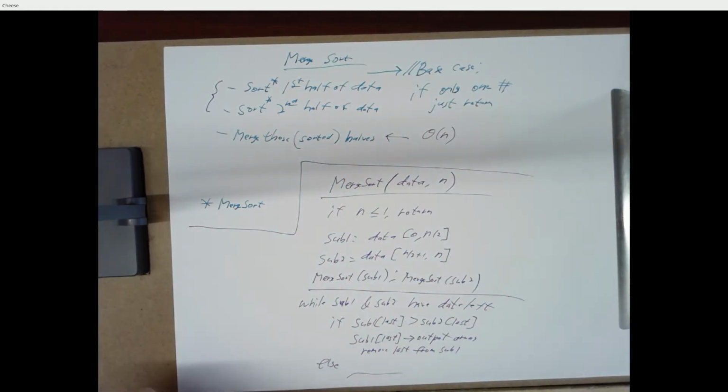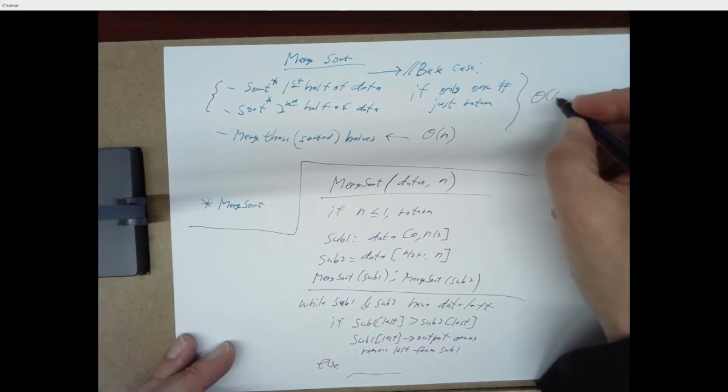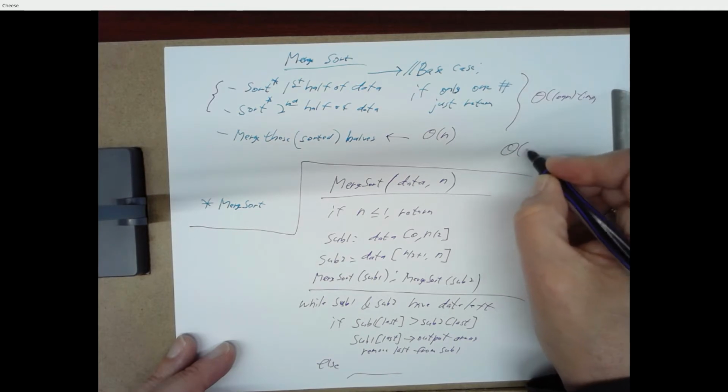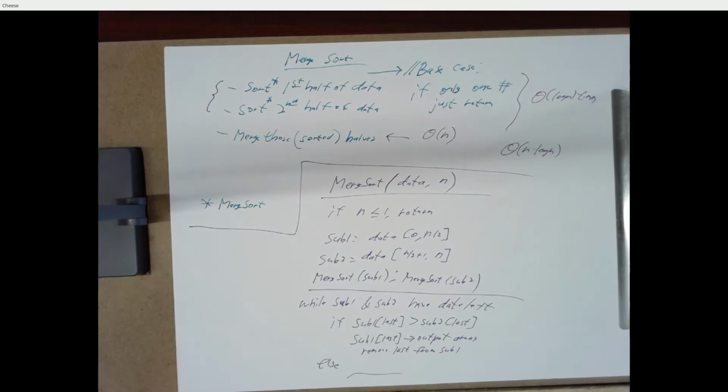If we're splitting n items in half each time, that's going to be log n, roughly speaking. So an entire merge sort is roughly n log n, which is nice. It's a whole lot nicer than selection, insertion, or bubble sort, which is n squared.